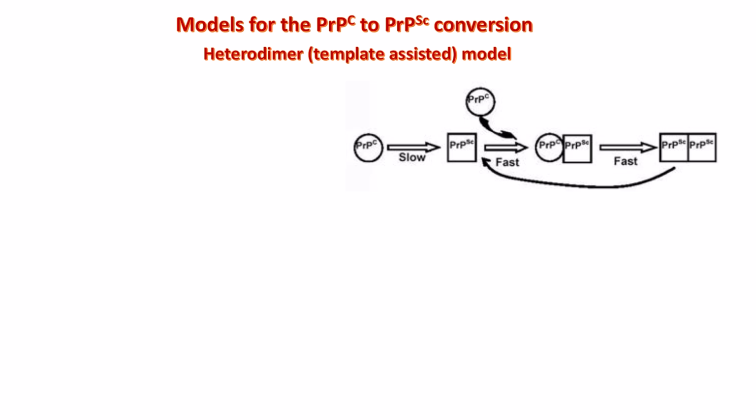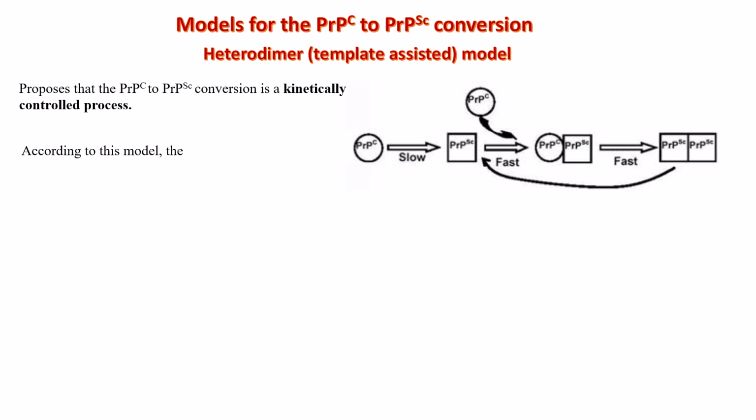The template-assisted model proposes that the PRP-C to PRP-SC conversion is a kinetically controlled process. According to this model, the PRP-SC form is inherently more stable than PRP-C but kinetically inaccessible.